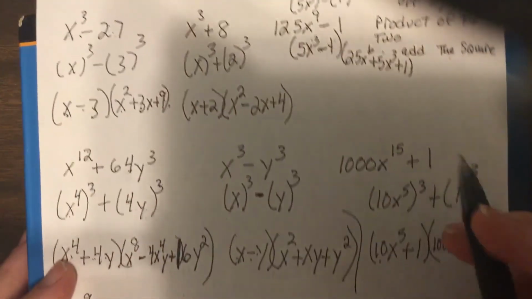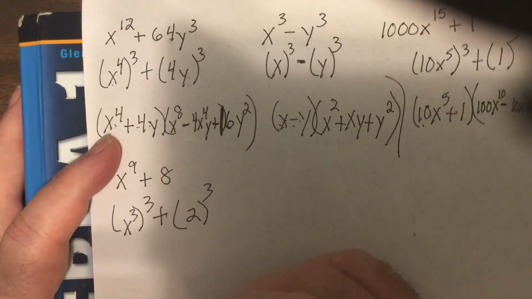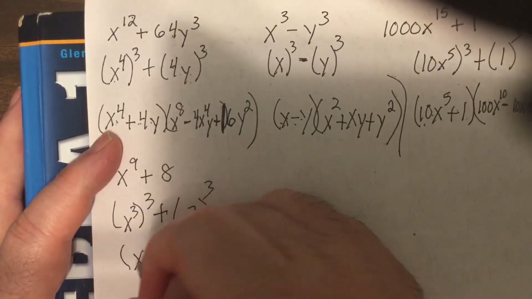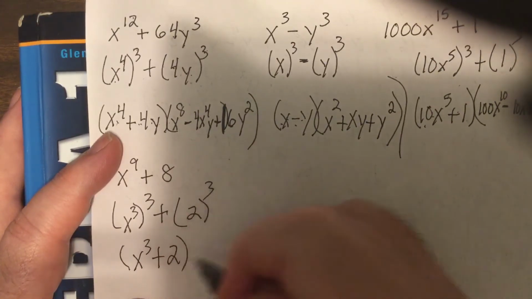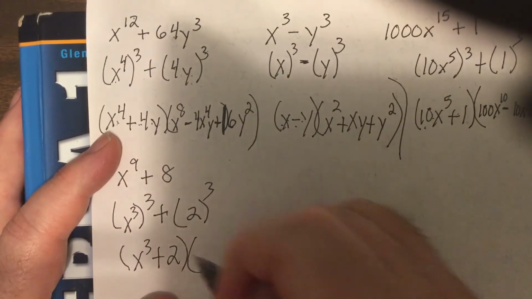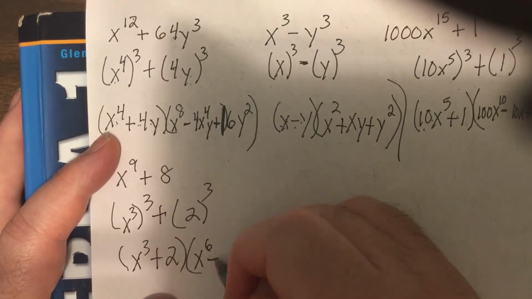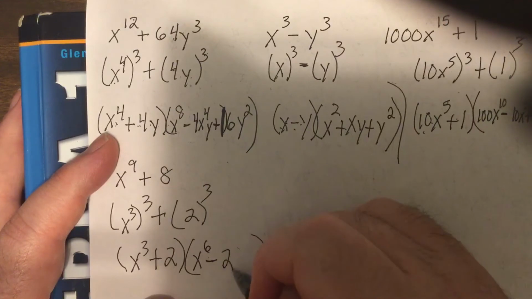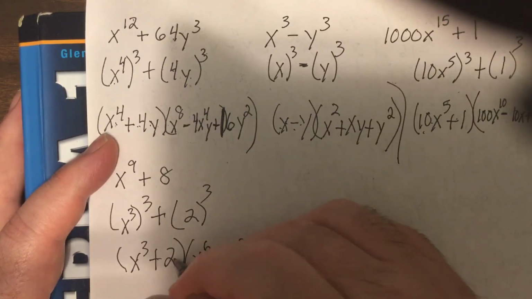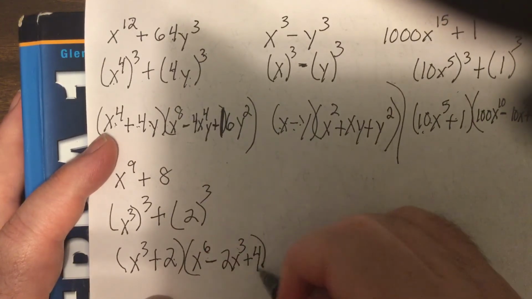So go ahead and try to do it by the pattern. And then turn me back on. Okay? First, write it without the cubes. Then, square the first term. Opposite sign. Product of the 2. Add the square. 2 squared is 4.